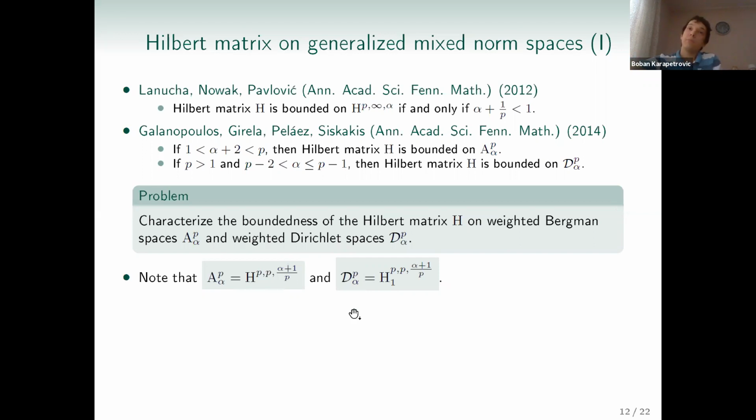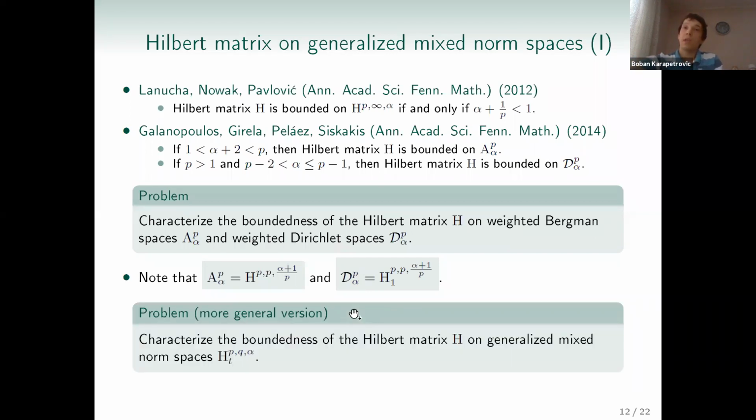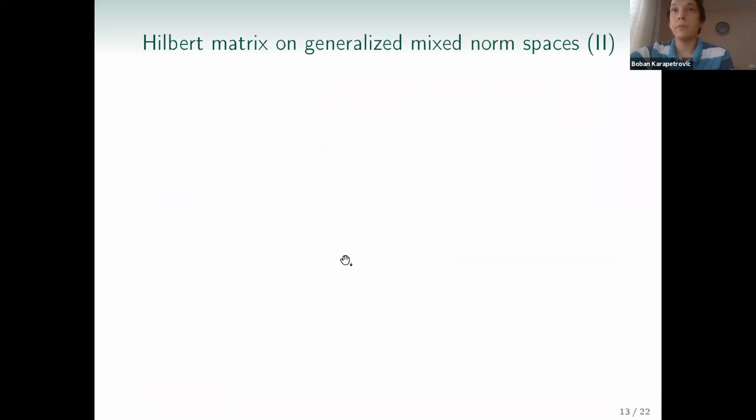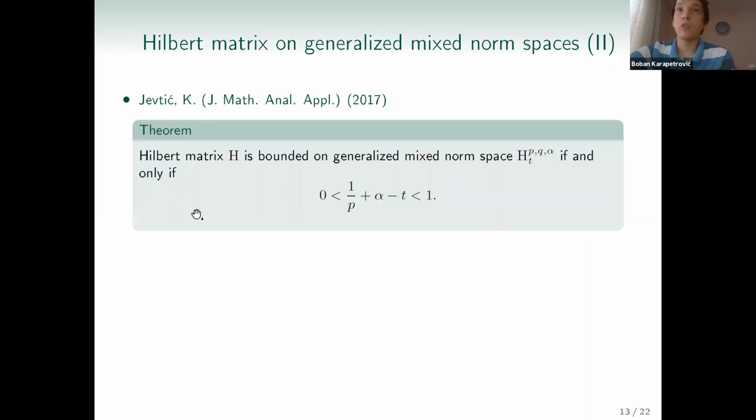So we have the problem in a more general context: characterize the boundedness of the Hilbert matrix H on generalized mixed norm spaces HPQ alpha T. We solved this problem recently, and we obtained this very simple condition. The Hilbert matrix H is bounded on the generalized mixed norm space HPQ alpha T if and only if this quantity is between 0 and 1.